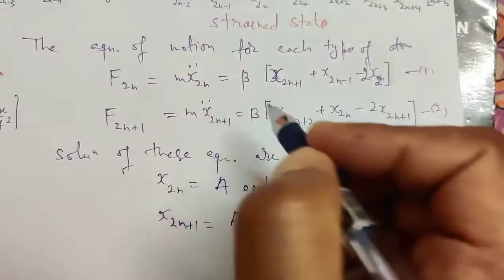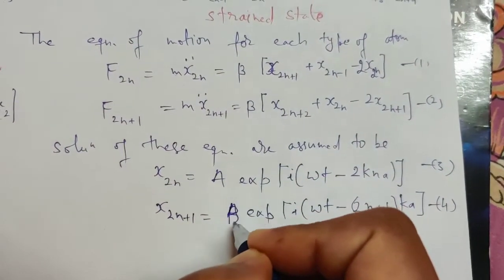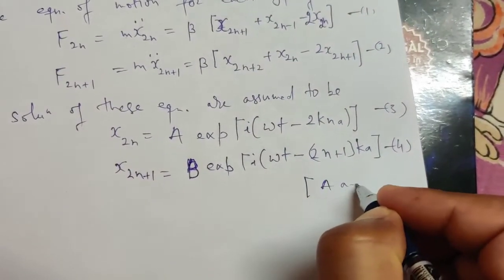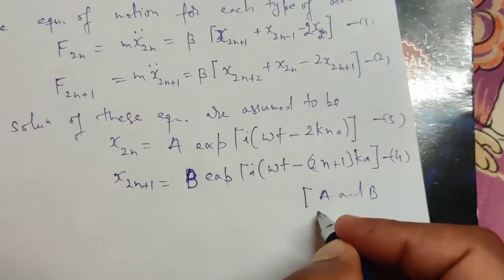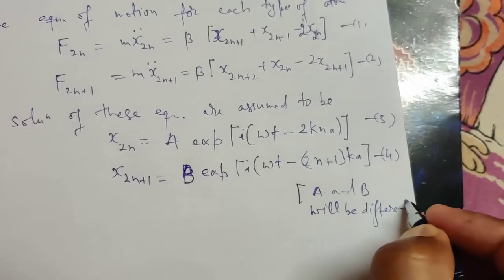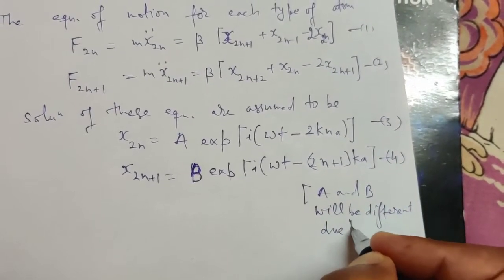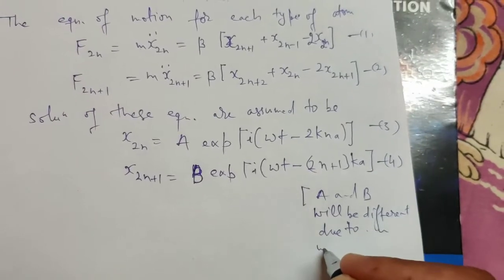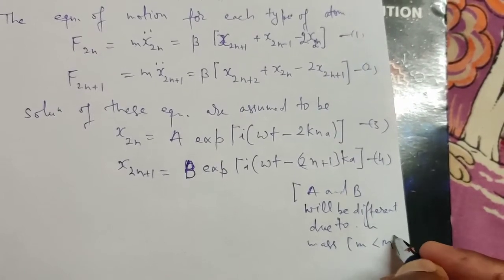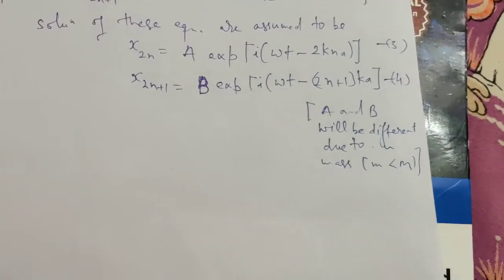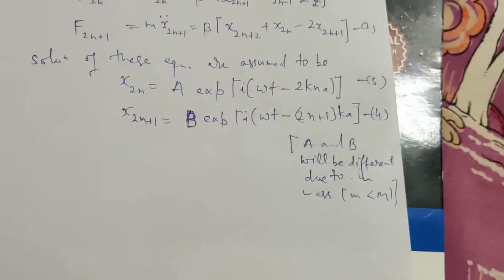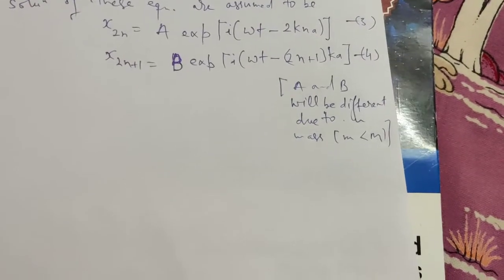Here, their amplitudes will remain different. A and B will be different due to different masses, that is, small m less than capital M. Now by using these equations 1, 2, 3 and 4 we will calculate this.